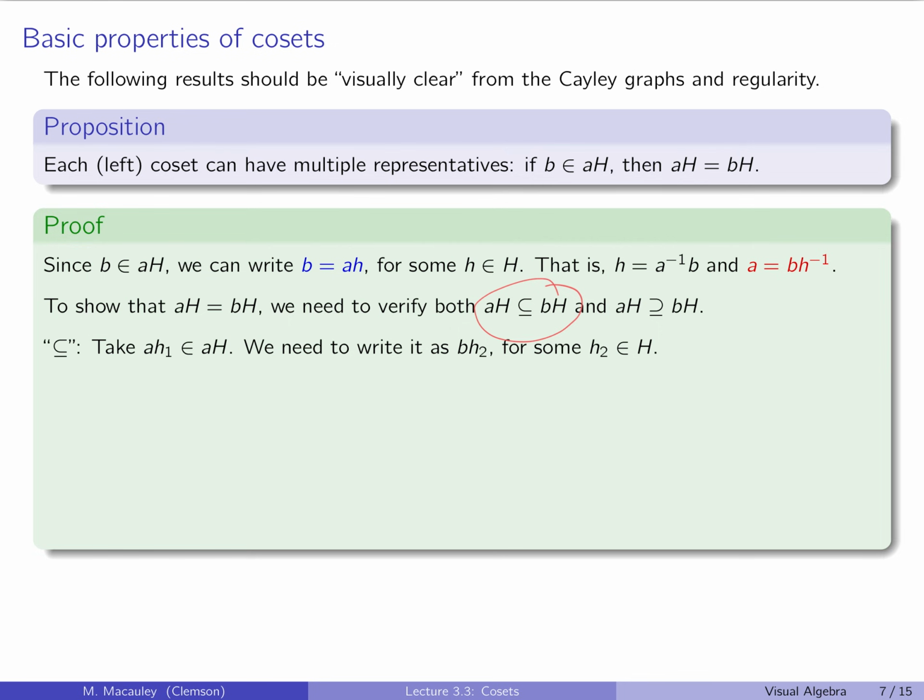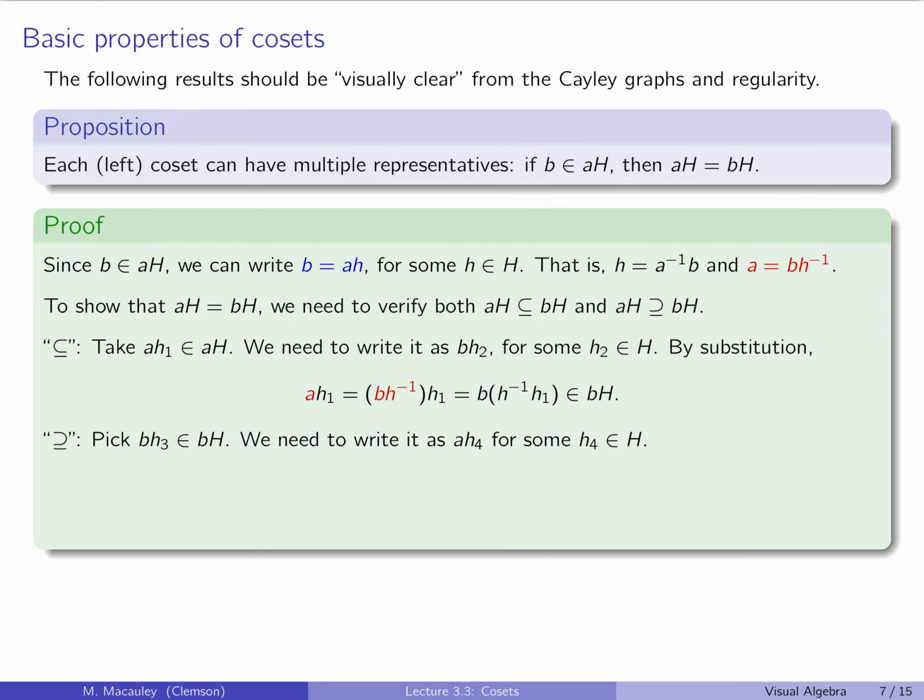So what if we take a h1 and make this substitution, writing a as b h inverse, times h1, and now we have b times something in H. Here that is formally: a h1 is b h inverse h1, and of course this is in H because H is a subgroup.